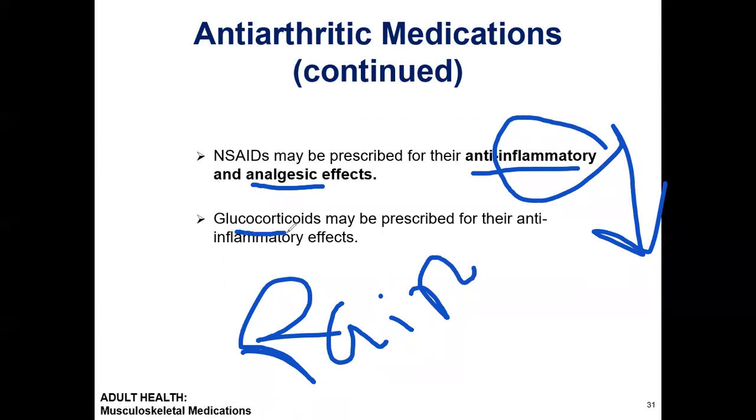And also glucocorticoids or steroids can be prescribed for anti-inflammatory properties or effect. So they reduce the inflammation, right? So NSAIDs have two properties, anti-inflammatory and analgesia. Glucocorticoids do not have an analgesic effect, but they are super good to reduce and control the inflammation within a short time.